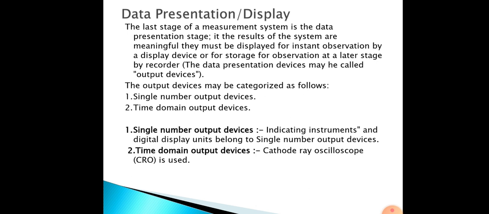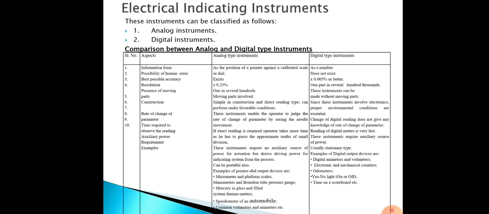Okay, so next one, electrical indicating instruments, that is analog instruments and digital instruments. We will be seeing that comparison over here. In analog type, it is the position of the pointer against a calibrated scale or dial.